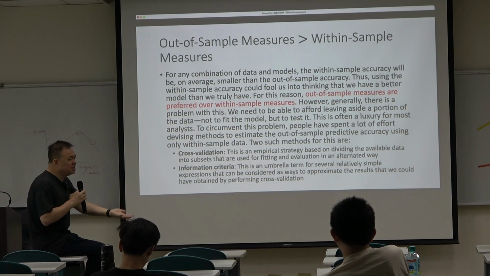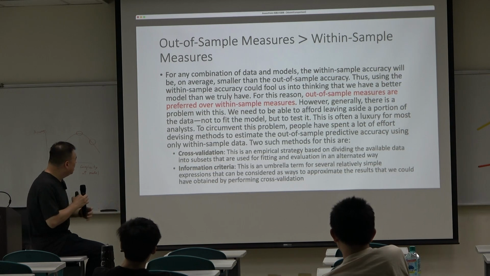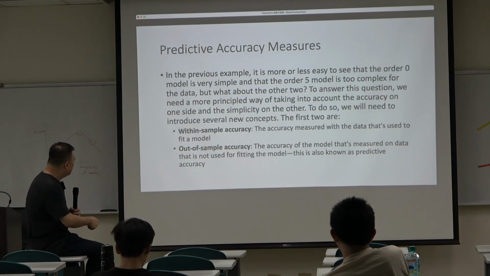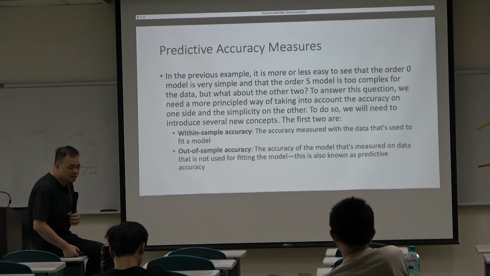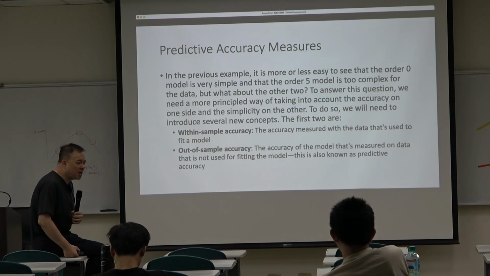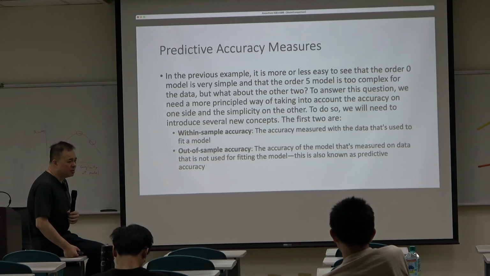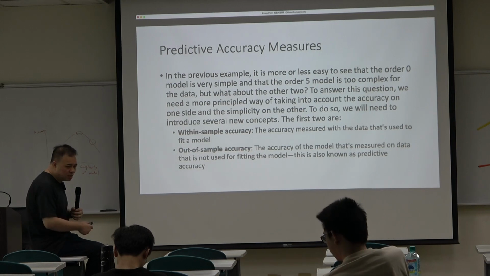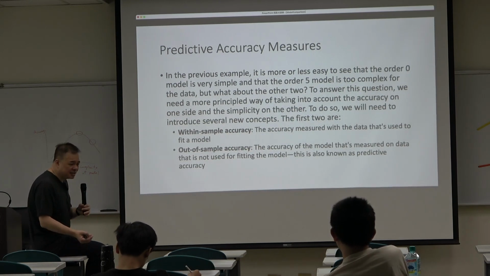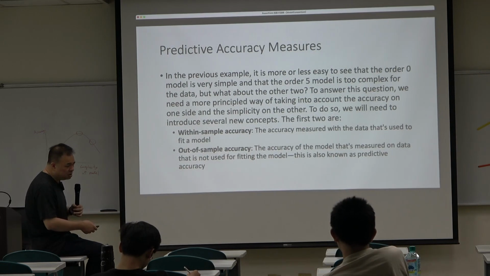What you need a model to answer is the out-of-sample question, the sample that comes from outside of the training data. That's normally why we want the model in the first place. So this out-of-sample accuracy is actually more important.